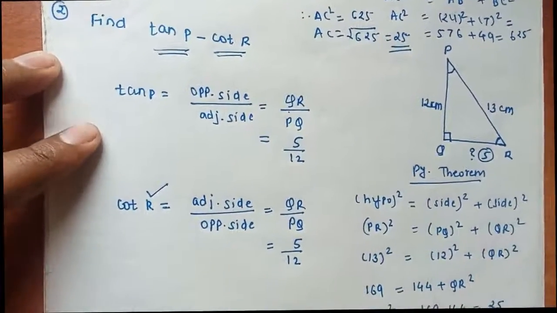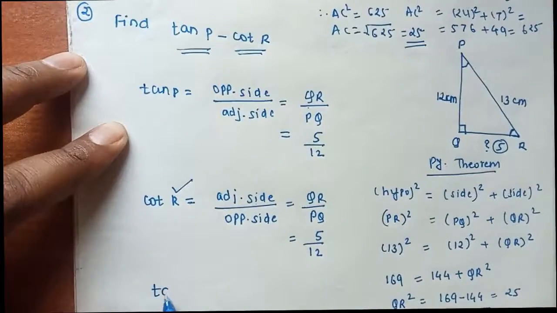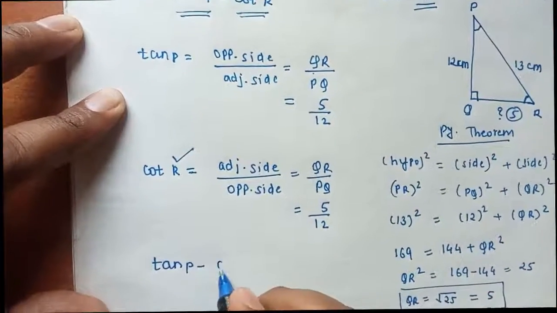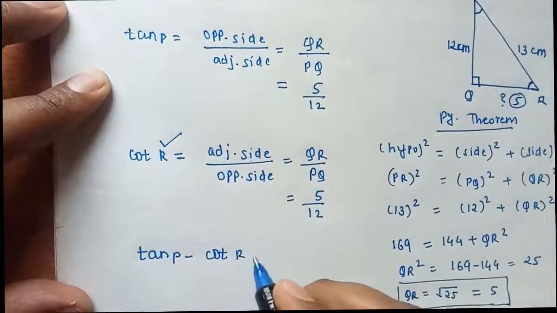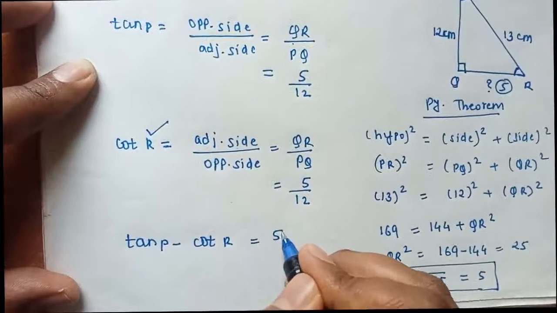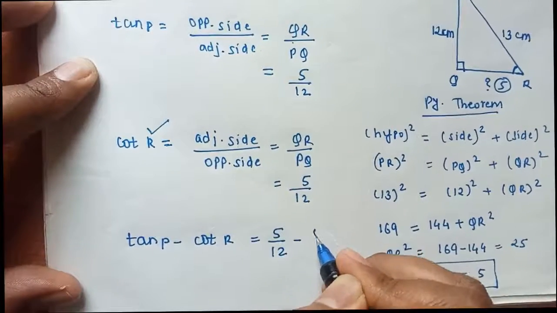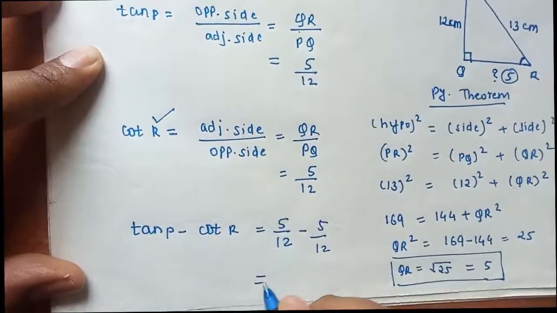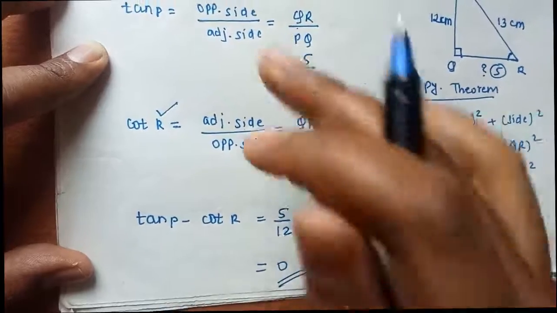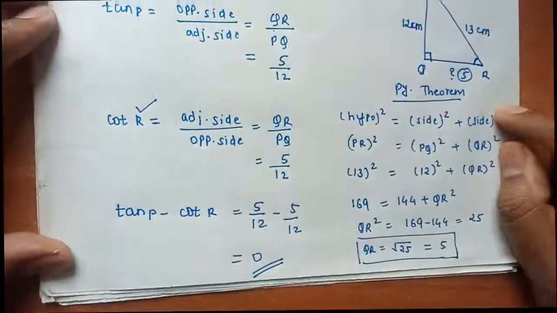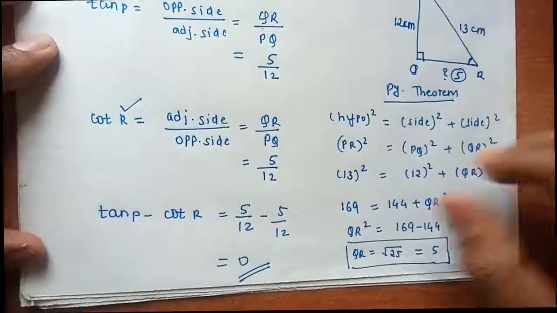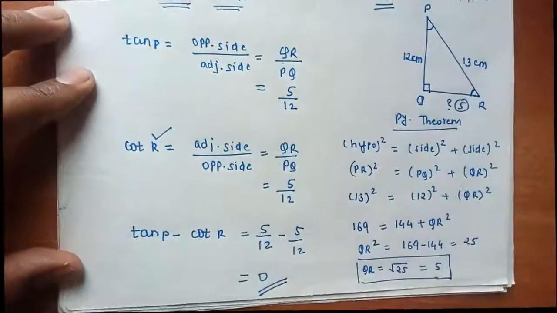So the given tan P minus cot R is equal to 5 by 12 minus 5 by 12, and that is equal to 0. So I got the answer for this one as 0. So in this way we have to use just two fundamentals.